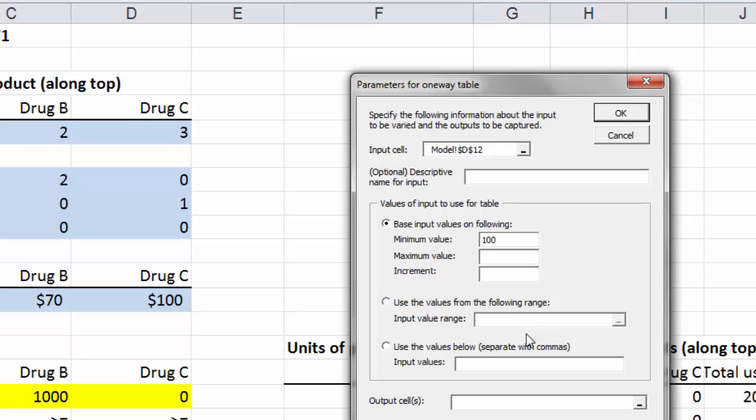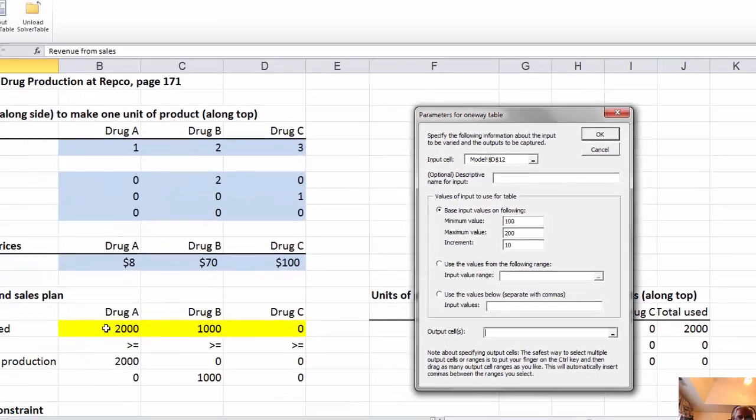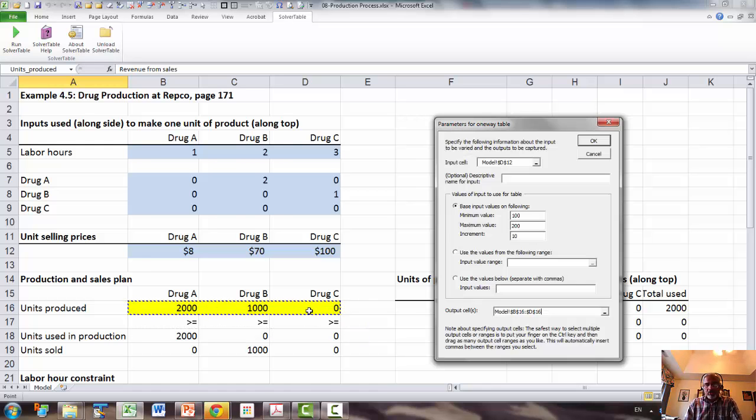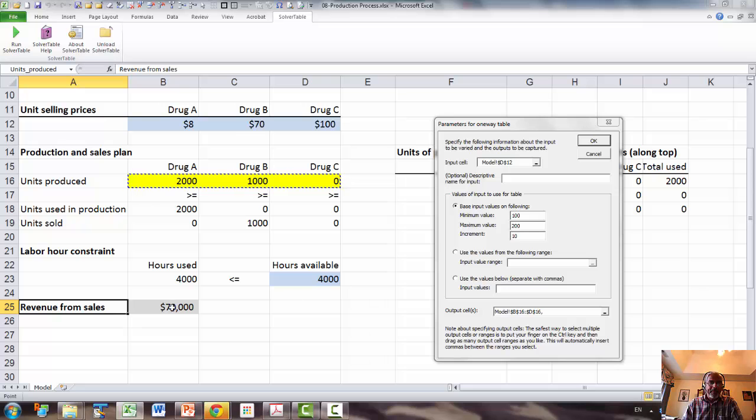How far up it needs to go before we start making drug C? So go from 100 to 200 in increments of 10. Right now we're not producing any at all, but how far up the price should rise before we start making drug C? So we want production quantities and say profit as well, or revenue.